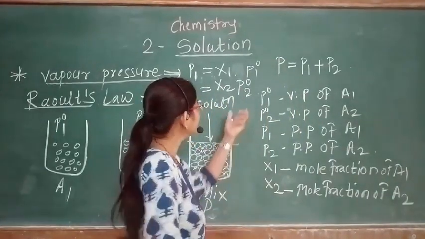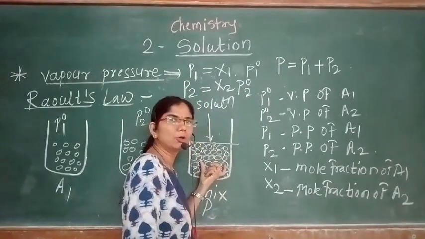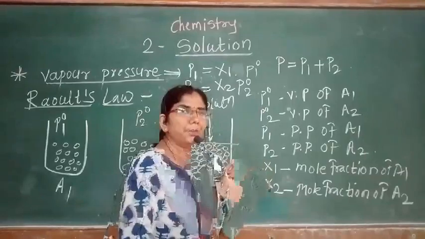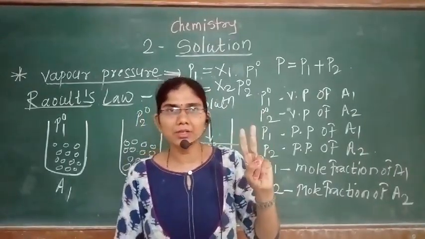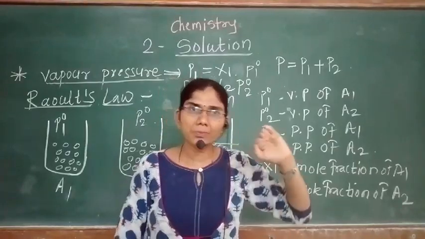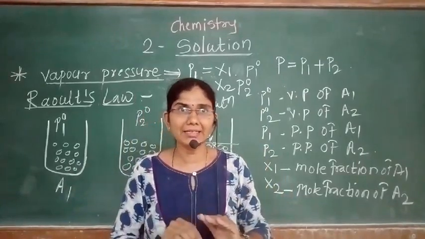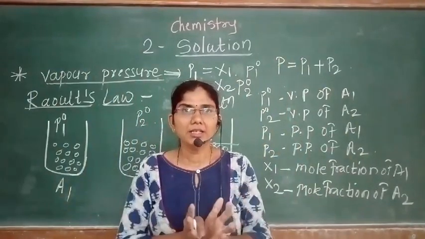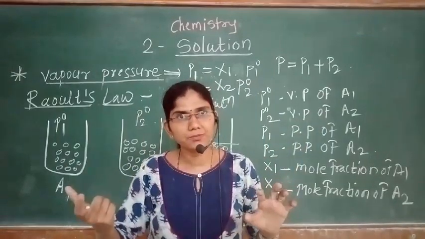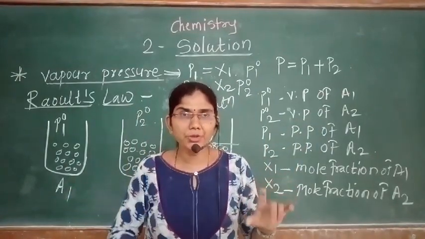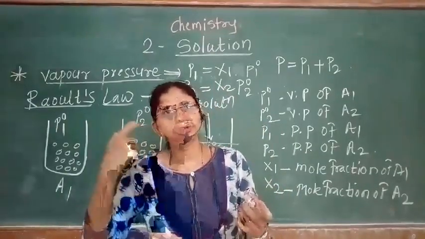So the total pressure of the solution is P, and because the solution contains two components, the pressure due to A1 is P1 and the pressure due to A2 is P2.